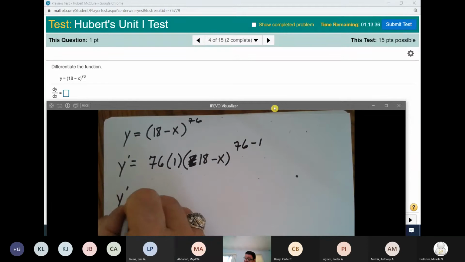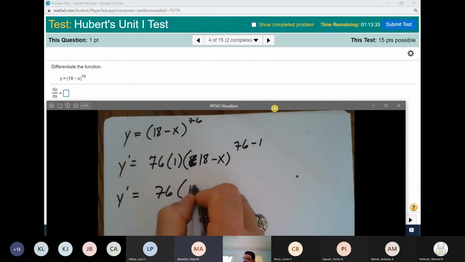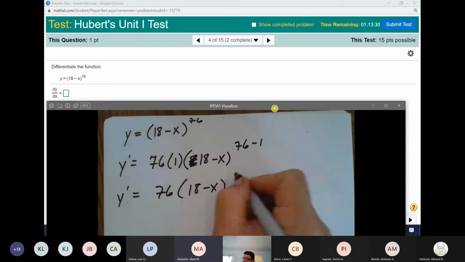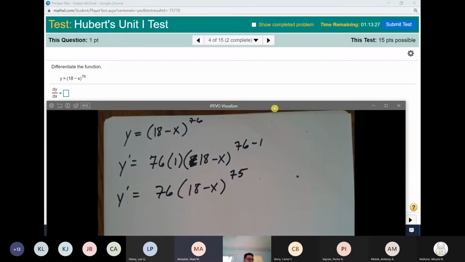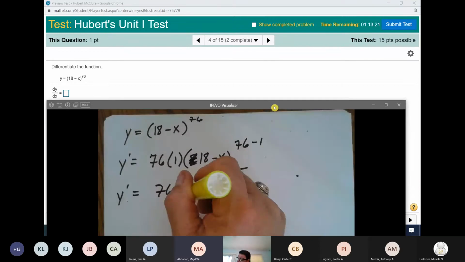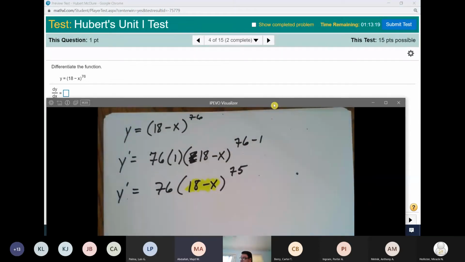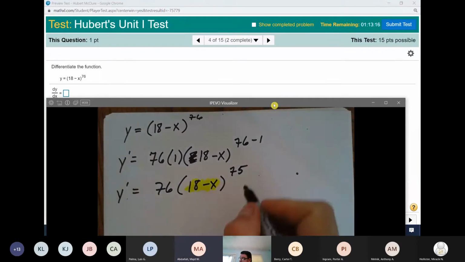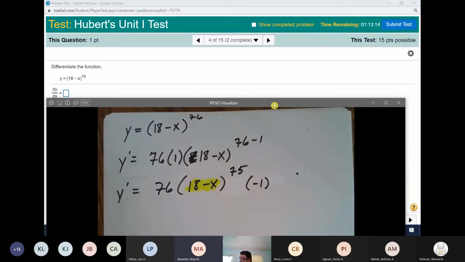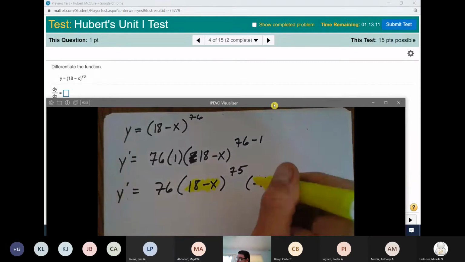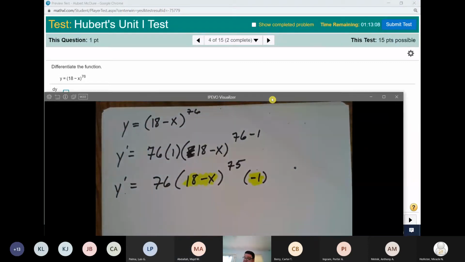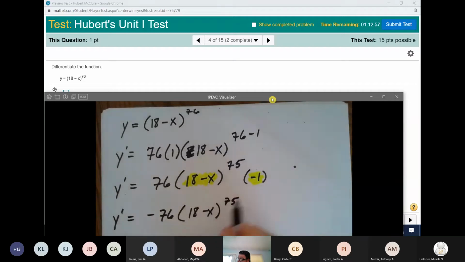Y prime is equal to 76 times 18 minus x to the 75, and I forgot to highlight the inside. And what is the derivative of negative x? Negative 1, Hubert. And that changes everything. So y prime is equal to negative 76 times 18 minus x to the 75th power.